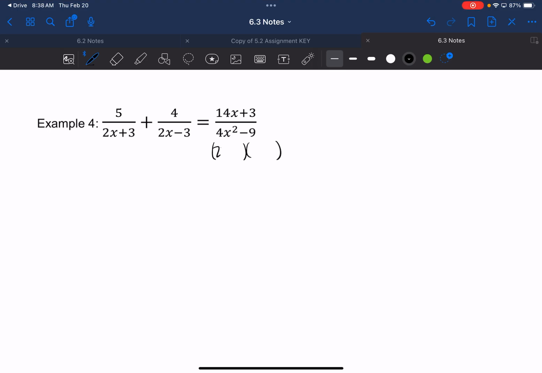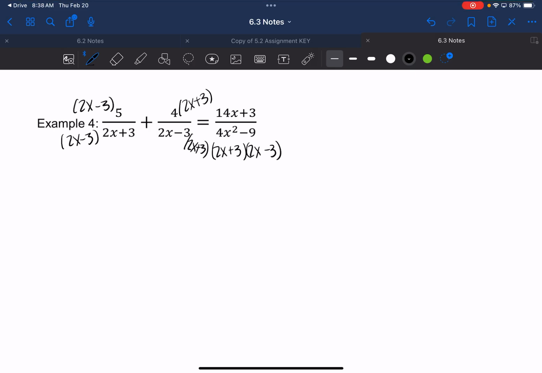Yeah. Okay, so 2x plus 3, 2x minus 3 was a difference of squares. So you multiply the first fraction by 2x minus 3. All right. And then we multiplied the second fraction by the 2x plus 3, right?